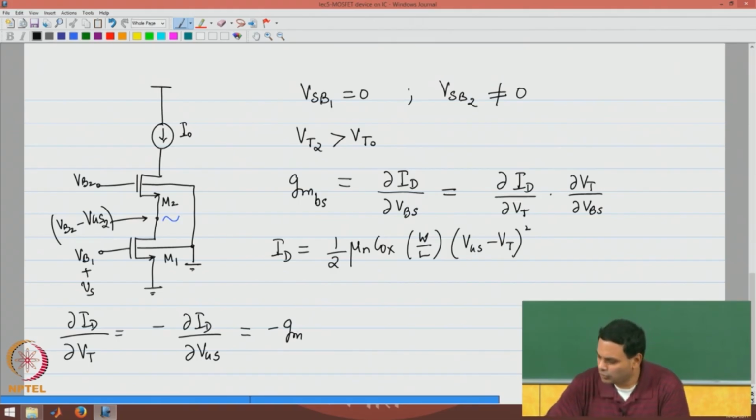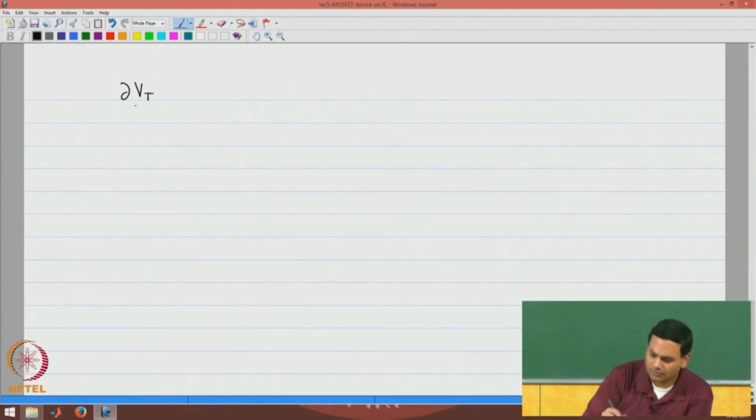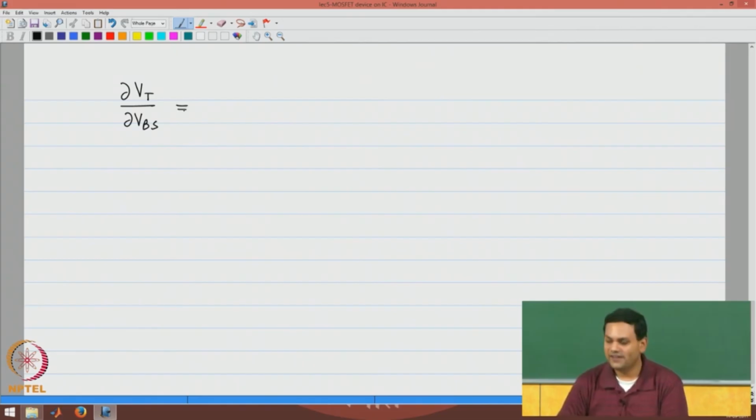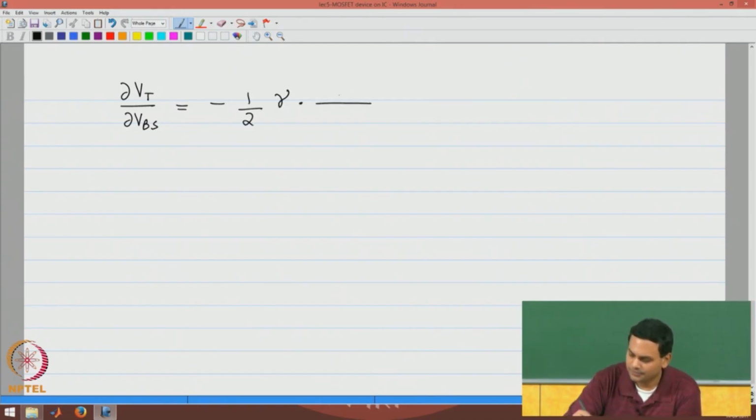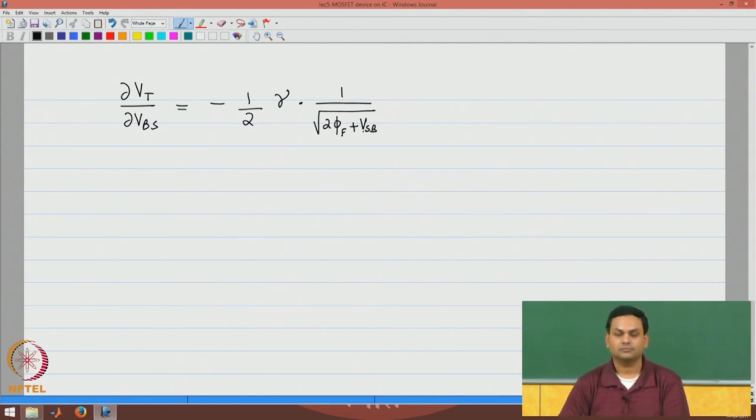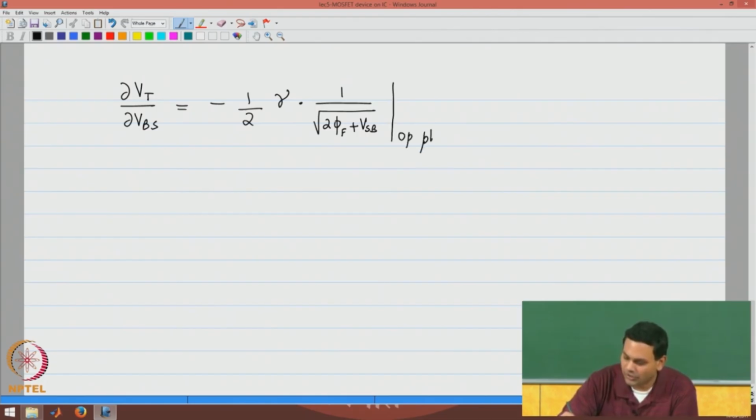What about dou Vt over dou VBS? Dou Vt over dou VBS is clearly minus half gamma times this expression. This is of course calculated at the operating point. So, VSB value is chosen to be the DC operating point value to calculate this expression.